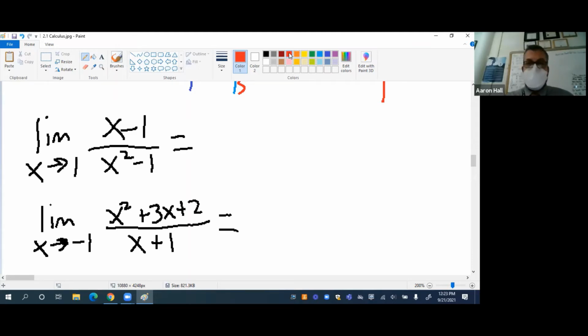Winnie, do you have the first one? Is the answer what? It's not 2. It's 1/2. Who said 1/2? Awesome. Tate, how did you get 1/2? It's a difference of squares, right? 1 is the same thing as 1 squared.